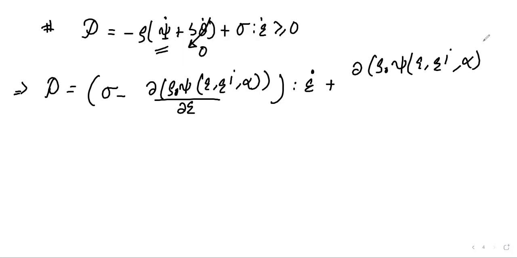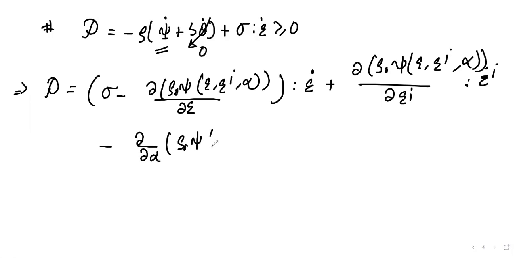This is the functional dependency of chi. Take the derivative with respect to epsilon I, contracted with epsilon I dot, minus del alpha of rho naught chi of epsilon, epsilon I, alpha, dotted with alpha dot, greater than or equal to 0 for all epsilon dot.